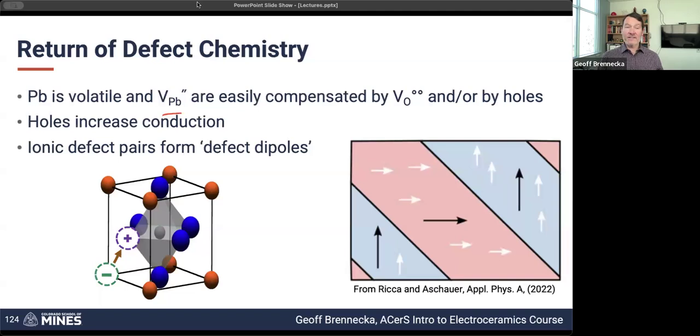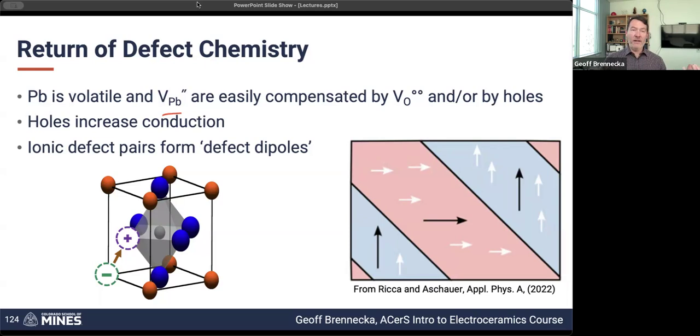If you have oxygen vacancies, those oxygen vacancies and lead vacancies combined are going to want to hang out together. Remember, at the sintering temperature, the very fact that it is sintering means there's enough thermal energy around for diffusion to happen. And if things are able to diffuse, then the atoms are going to rearrange themselves to some degree into a lowest energy state.